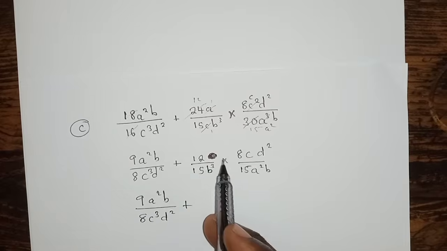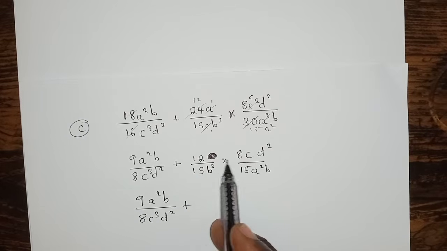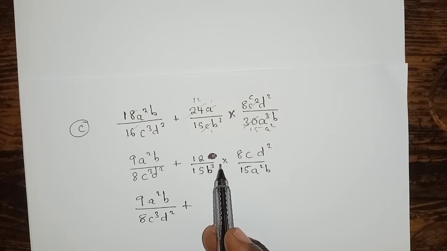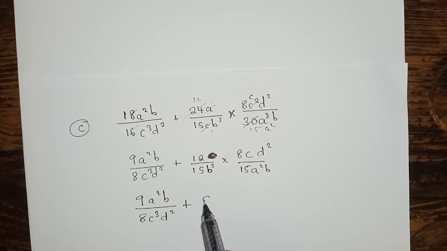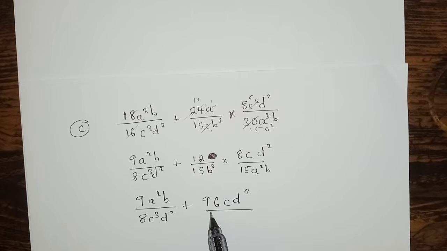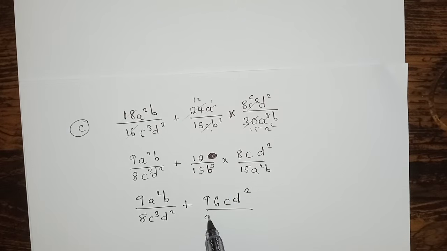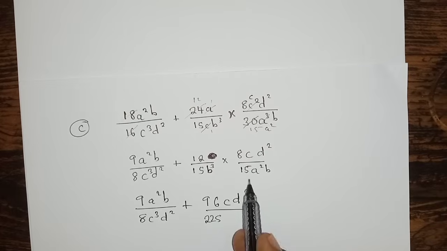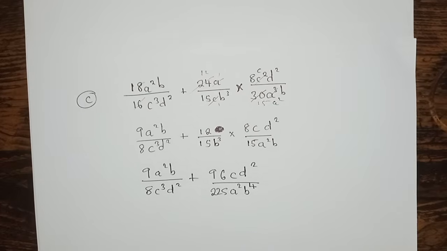We now multiply 12 by 8. We're getting 96 C D squared. Over here 15 by 15, 225 A squared B power 4. So we have this.